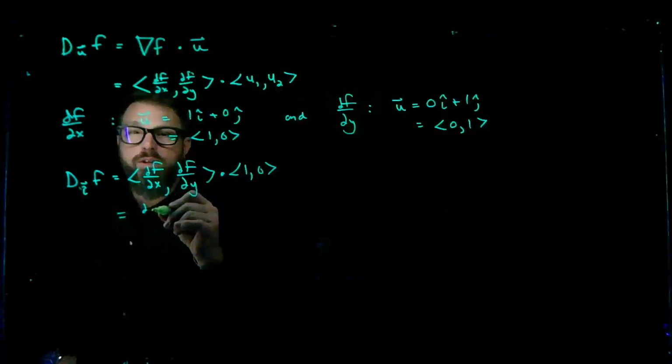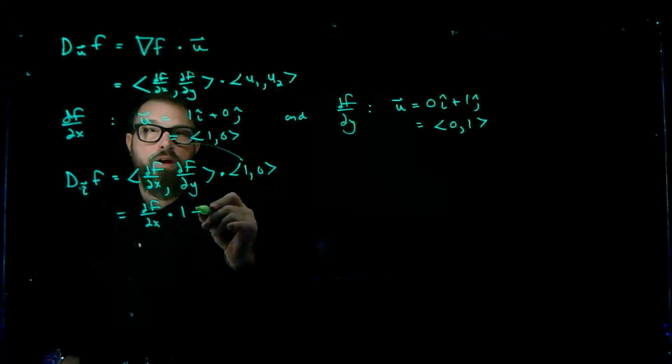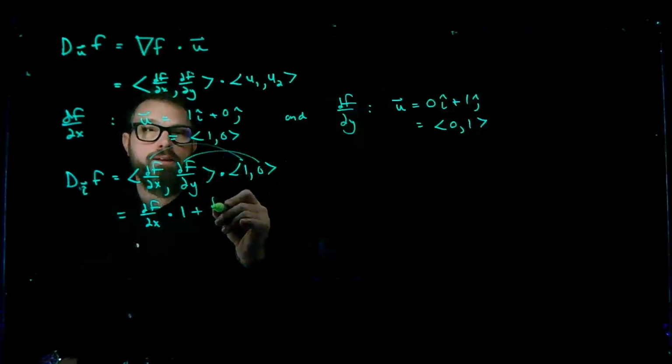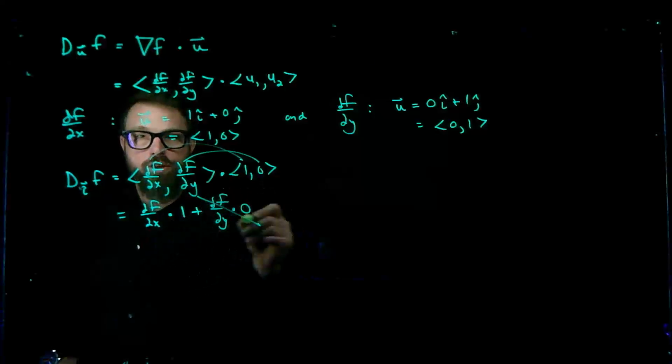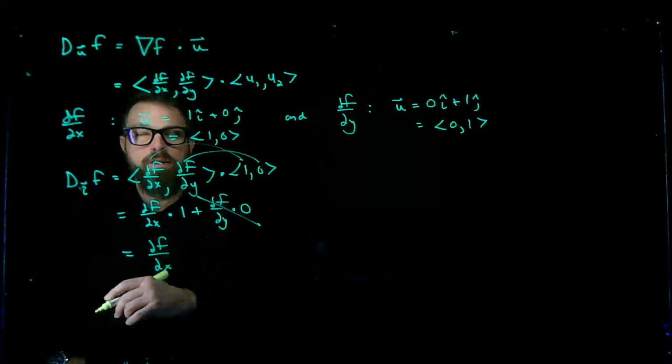And what we'll get is df dx times 1, plus df dy multiplied by 0, and that term goes away. So this is nothing more than df dx.